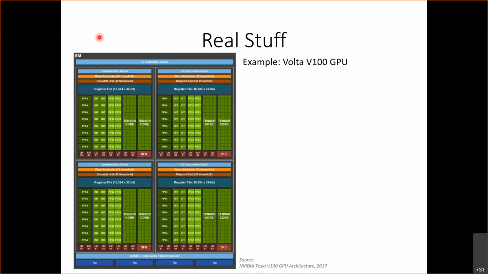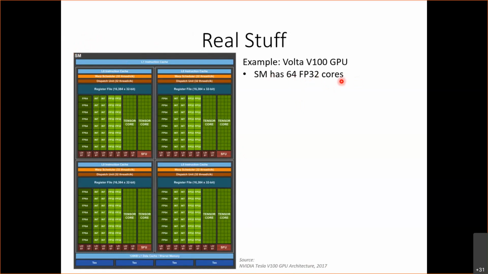This is the architecture of one SM in the V100 GPU. We said that the V100 has 80 SMs. The SM itself has 64 FP32 cores.